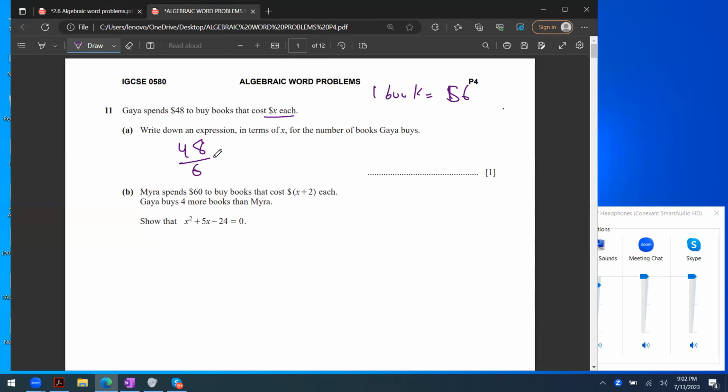It's going to be 48 divided by 6, right? 8 books. Similarly, we don't know the cost, so rather than dividing by 6, let's just divide by x. That is equal to the number of books. So the answer is 48 over x, total cost divided by the cost per book.